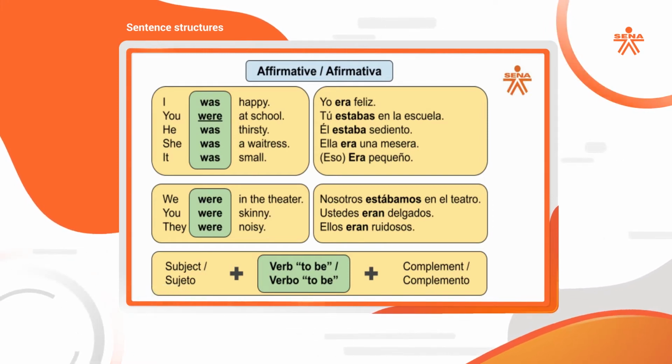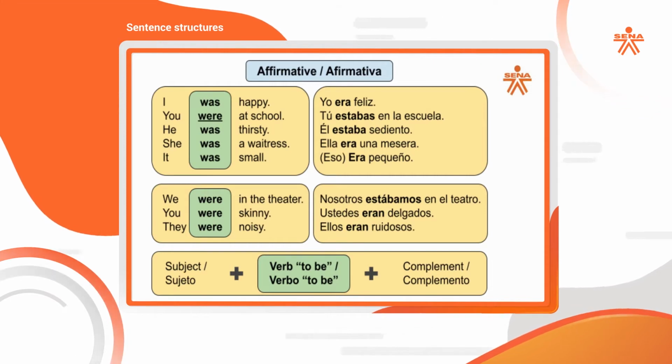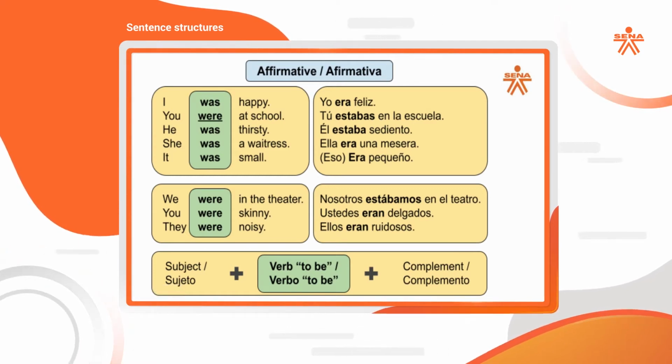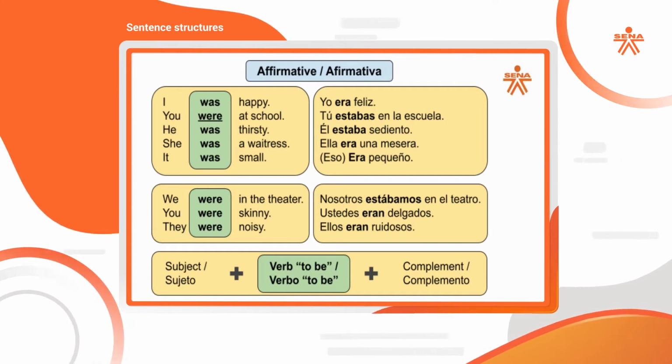For example, if you are going to talk about singular persons like I, he, she, it, you are going to use was. But if you're going to talk about a plural person like we, you, they, you are going to use were. Be careful with the singular second person you. It doesn't matter that it's singular, you are going to use were.